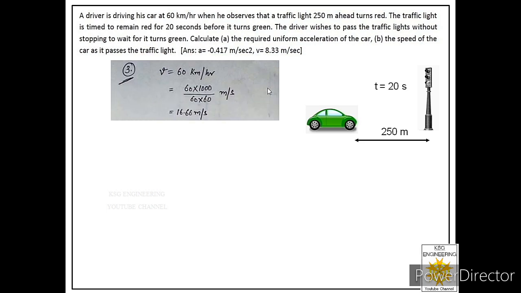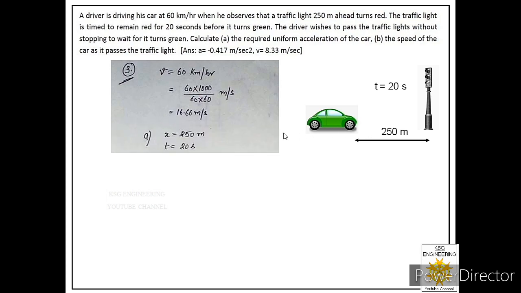For that, we have to multiply it by 1000 because we have to convert kilometers into meters. Then we have to divide it by 3600 because we have to convert hours into seconds. So we will get velocity as 16.66 meter per second. So this is the initial velocity of the car.